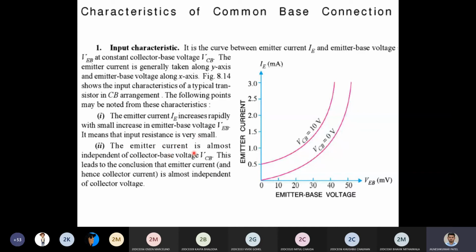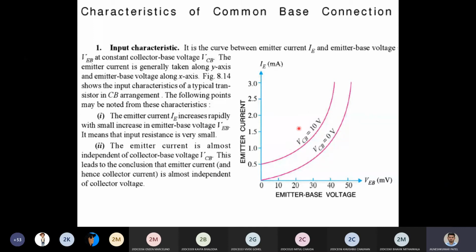The emitter current is almost independent of collector base voltage VCB. This leads to the conclusion that emitter current is almost independent of collector voltage. What this is saying is, you can see the difference between these two.